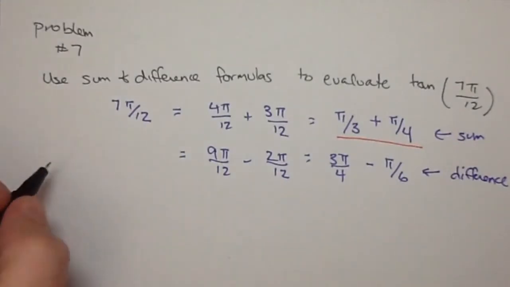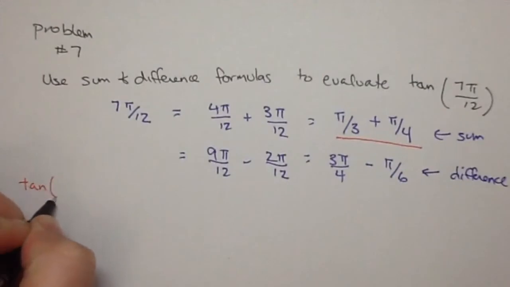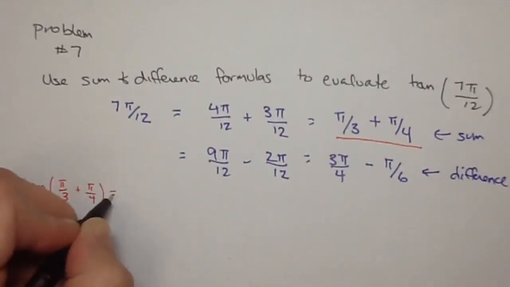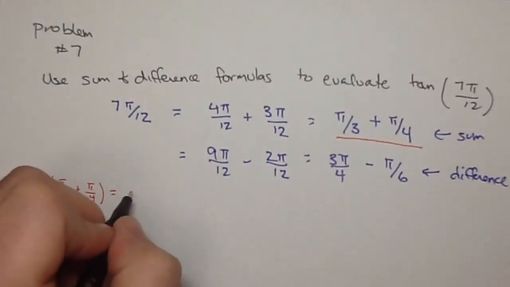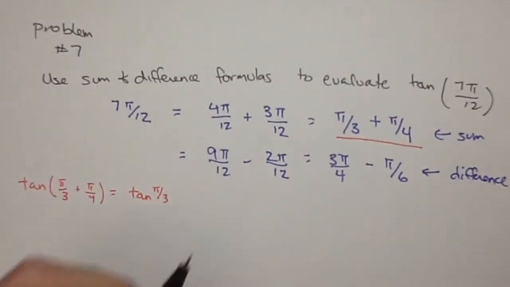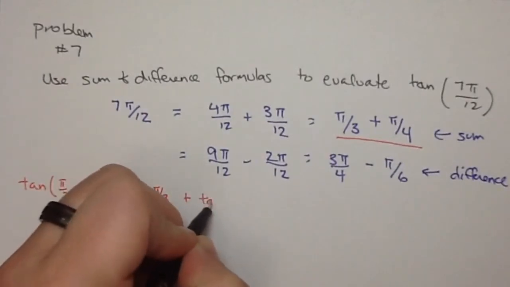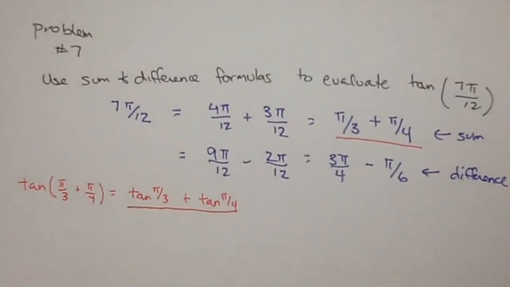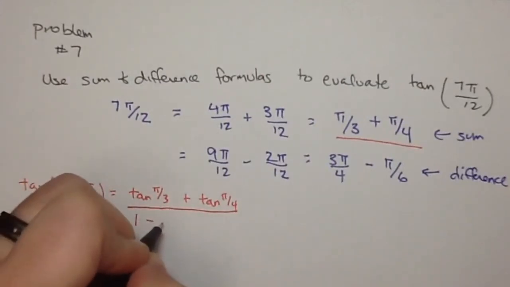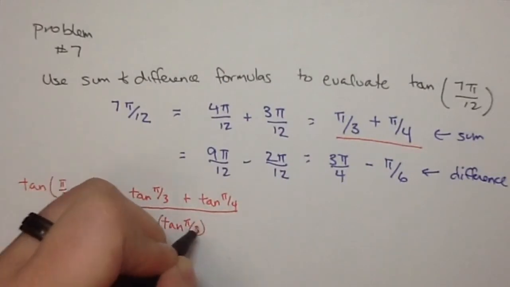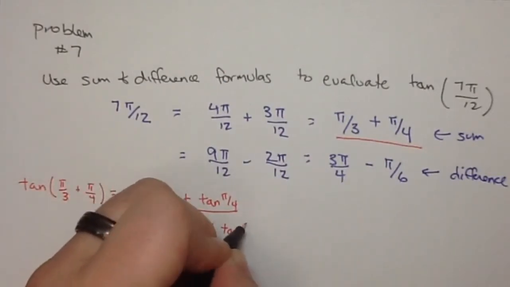So the tangent of pi over 3 plus pi over 4 is equal to the tangent of pi over 3 plus the tangent of pi over 4, divided by 1 minus the product, tangent pi over 3 times tangent pi over 4.